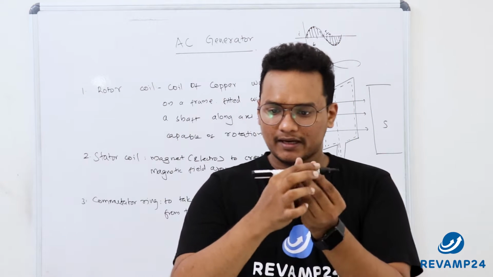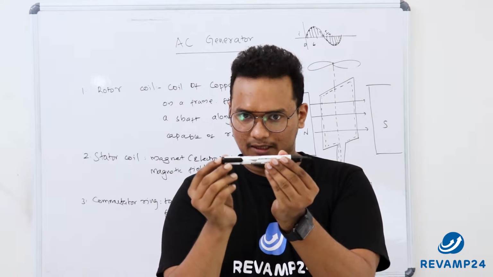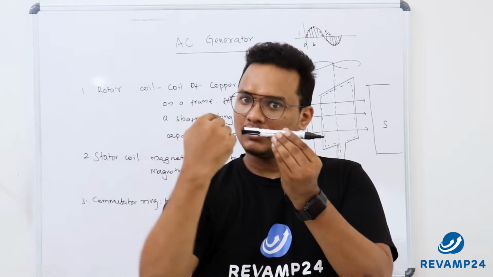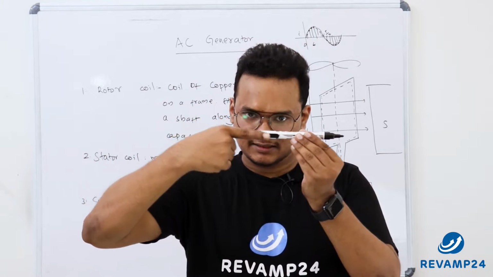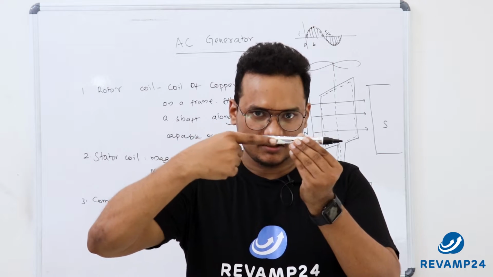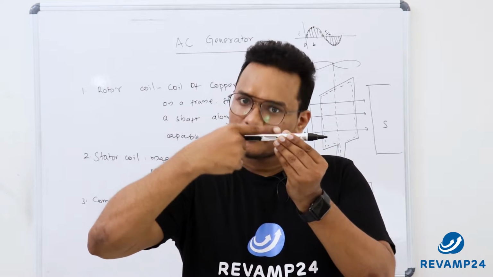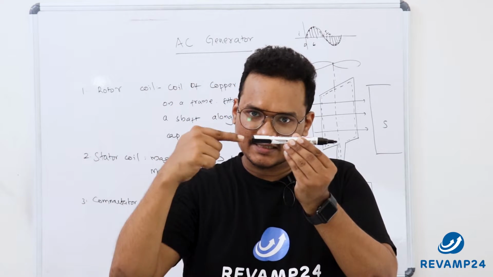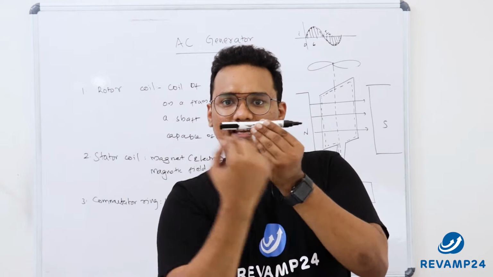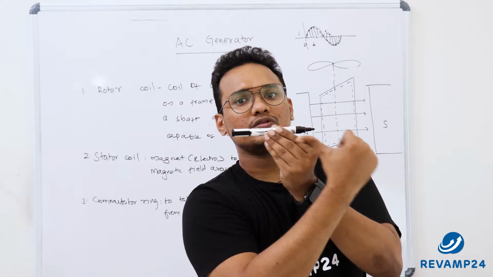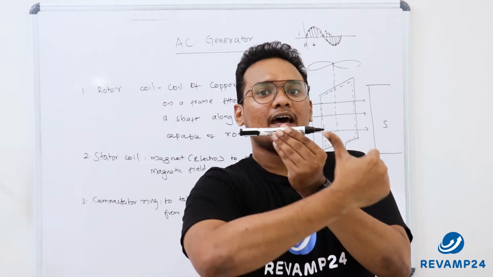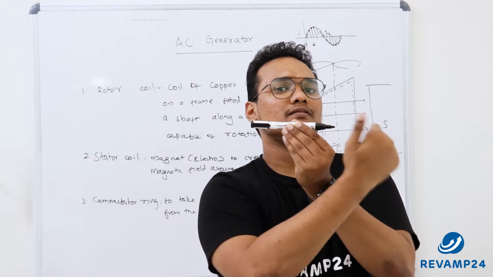So once again I'll repeat, from this tip current will start flowing in this direction: 0, 1, 2, 3, 4, 5, then 4, 3, 2, 1. Now current in this direction becomes 0, and in the other direction it starts increasing: 1, 2, 3, 4, 5, the maximum value in the reverse direction, and 4, 3, 2, 1, 0.